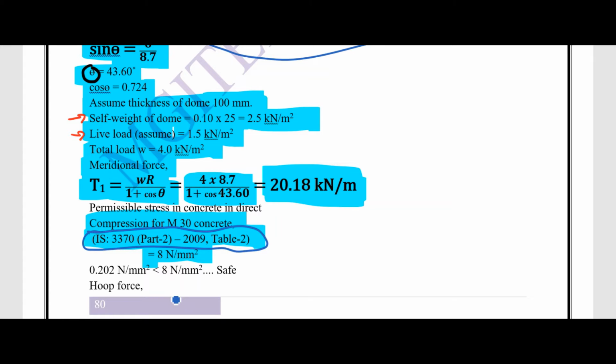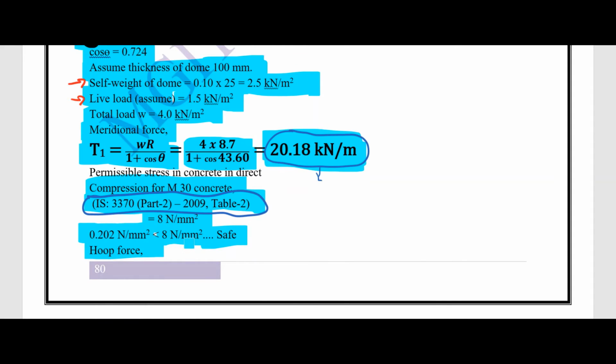The permissible compressive stress is 8 and we found 20.80 kilonewton per meter. I converted this value to Newton per mm square, which is 0.02 Newton per mm square, which is less than 8 Newton per mm square. So thickness of 100 mm is safe for the meridional force.